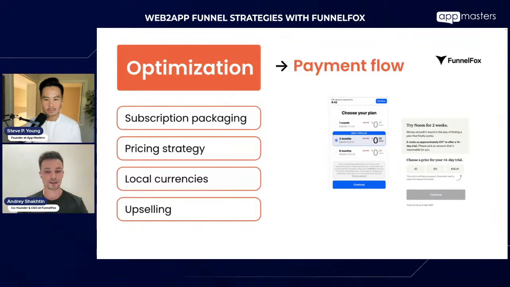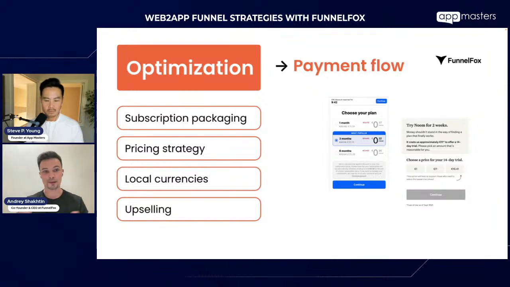Also, web funnel optimization is all about finding the match between your audience, your user acquisition strategy, your storytelling and web onboarding, and monetization. And you need to experiment with these three things and find this match.